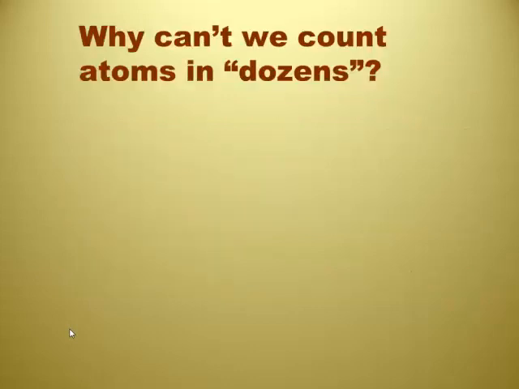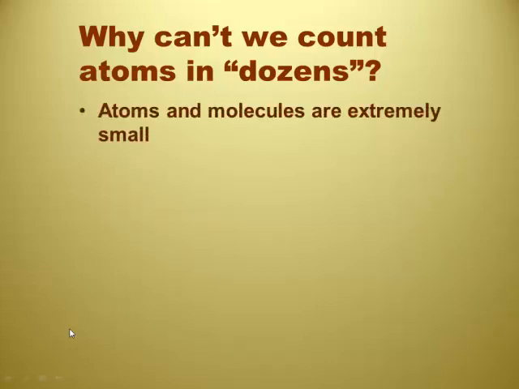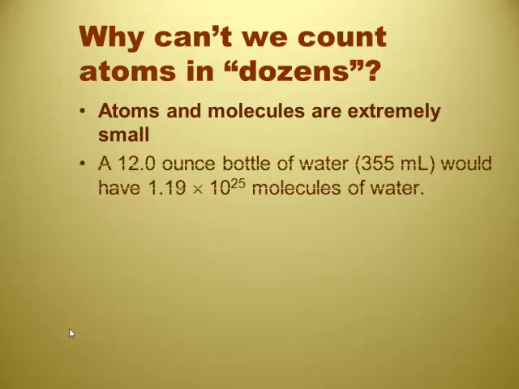So why is it that chemists don't count atoms in dozens like everyone else counts dozens of eggs and things like that? It turns out that atoms and molecules are so extremely small that a 12-ounce bottle of water, that's 355 milliliters for those of you in the metric zone, would have 1.19 times 10 to the 25th molecules of water.